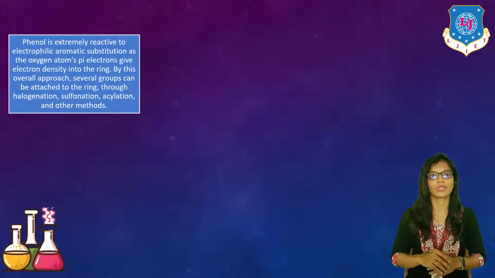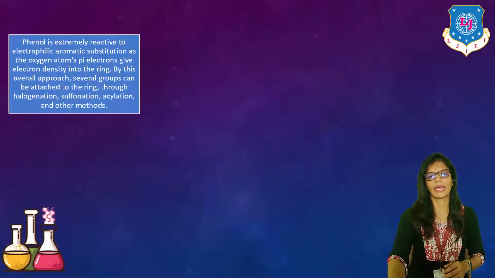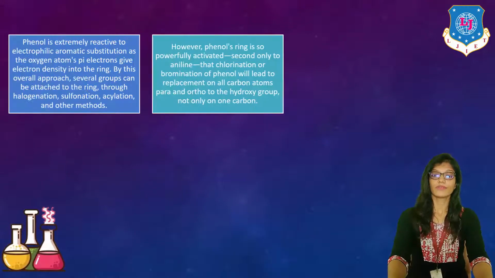So this is how it will work basically. However, phenol's ring is so powerfully activated, second only to aniline, that chlorination or bromination of phenol will lead to replacement on all carbon atoms, that means on para and ortho to the hydroxy group, not only on one carbon. So this shows how phenol will behave.